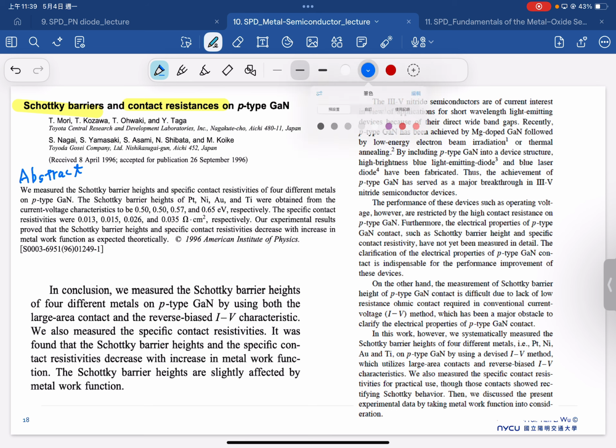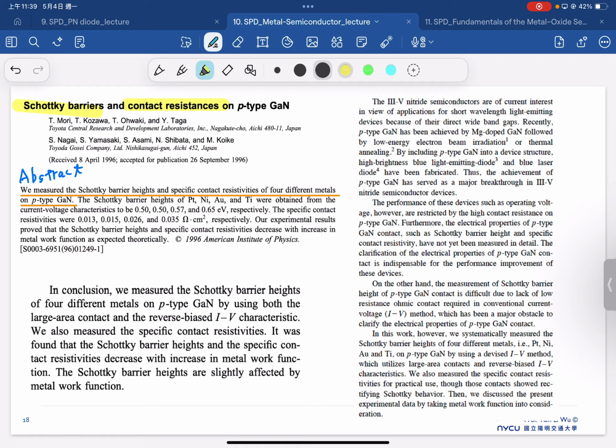This is also one of the examples that when we try to write papers, we always try to be very straightforward and very clear. The first sentence is actually just another reference to the title. There is no additional information, only some more detail that they measure this on 4 different metals.